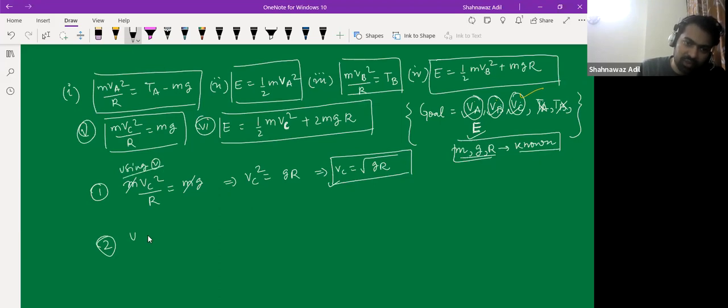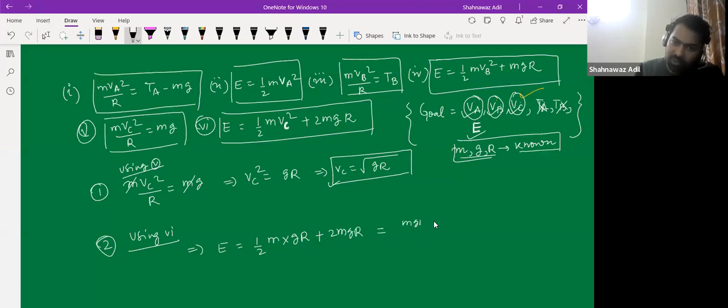We know that E is half m VC square, and VC square is gR, right? So let us directly write. VC square is gR, and then plus 2mgR. So this would be mgR by 2 plus 2mgR.